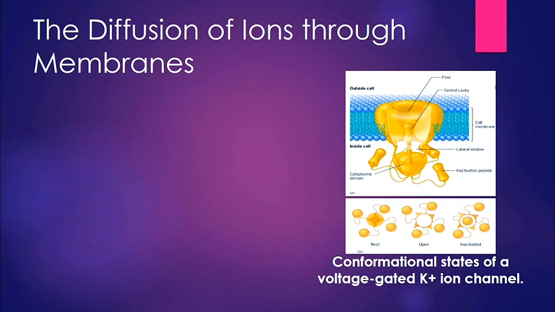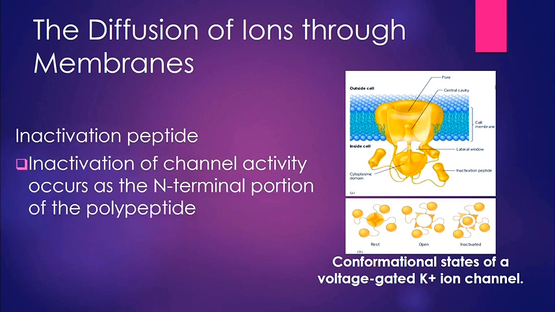So figure A shows the three-dimensional model of an entire eukaryotic potassium ion channel showing both the membrane-bound and cytoplasmic domains. Now, inactivation of channel activity occurs at the N-terminal portion of the polypeptide, which is called the inactivation peptide.